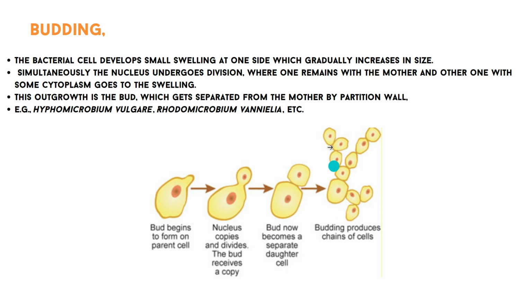Here you can see, there is a formation of different cells, and at some point of time the partition wall gets detached and each individual cell starts germinating.